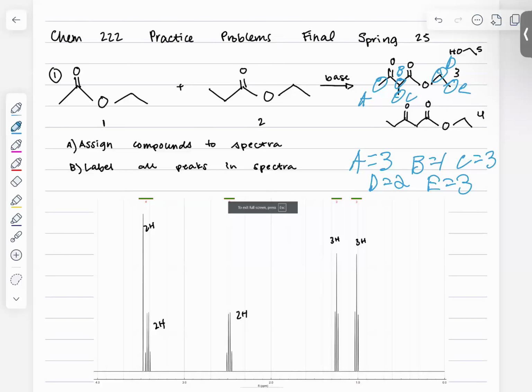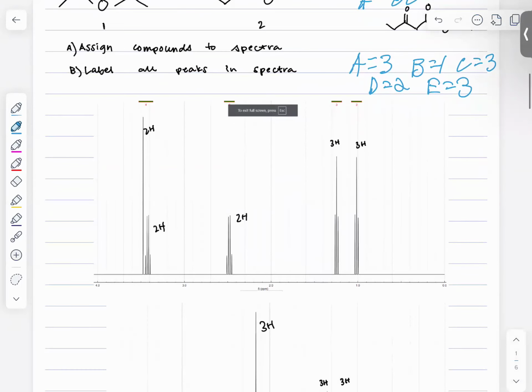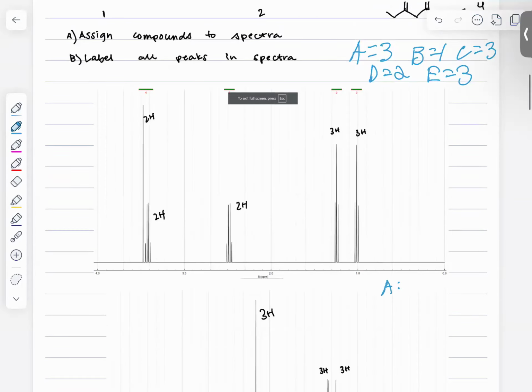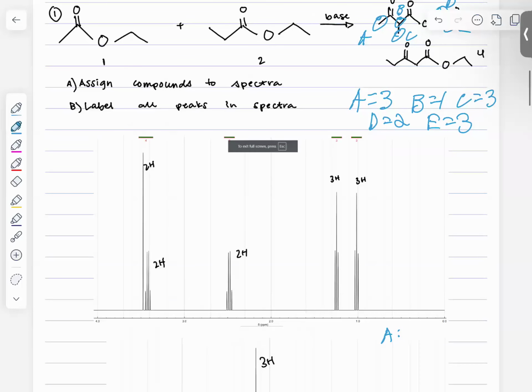After that, you're going to find the multiplicities. That is n plus 1, or as Jess normally does it, the neighbor method. Can I scroll down? Is that okay? So multiplicity. A is this. You look at the carbon next to it.